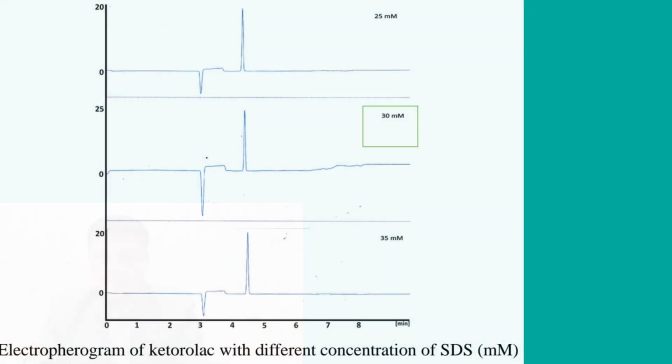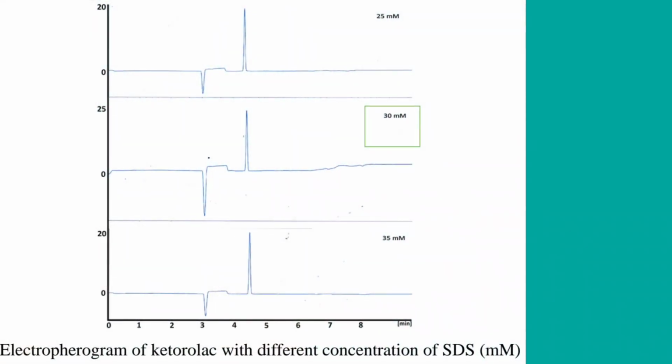We continued to the optimization of the concentration of SDS, sodium dodecyl sulfate, as a surfactant. We used 25, 30, and 35 millimolar of SDS. The migration time of ketorolac is not different in these three surfactant concentrations.